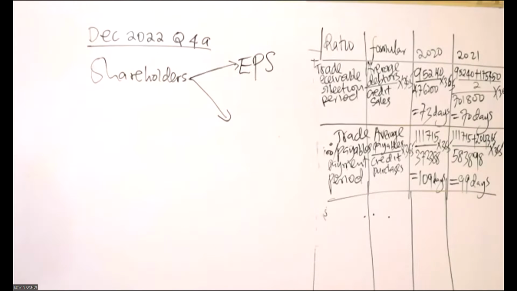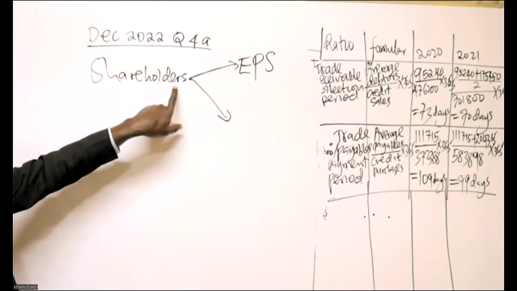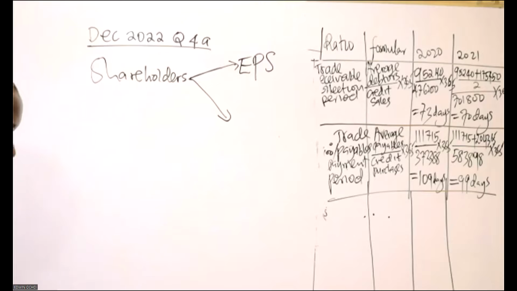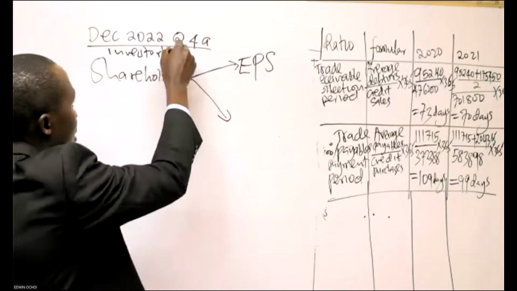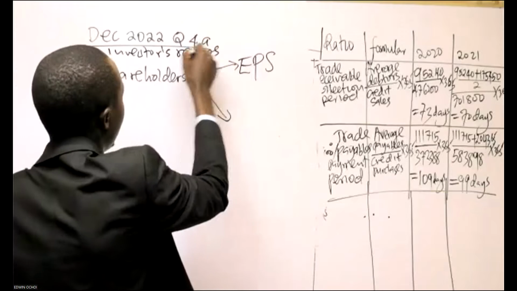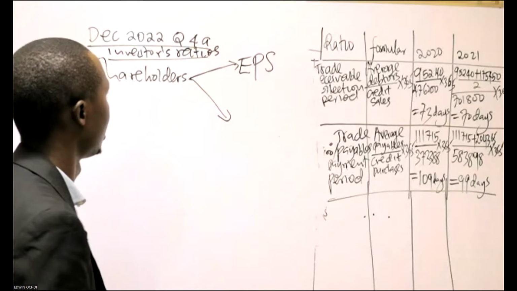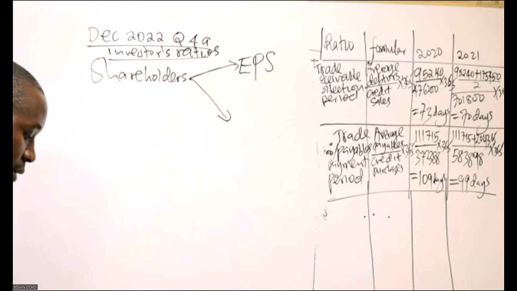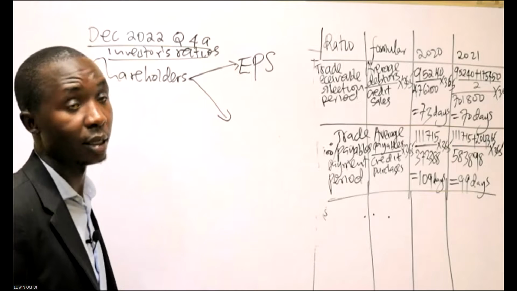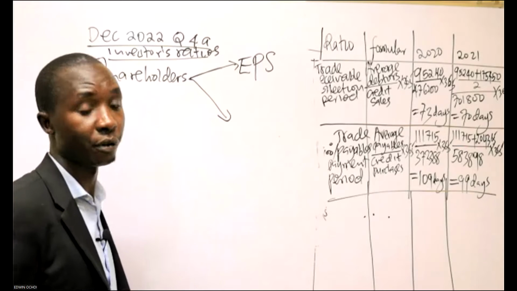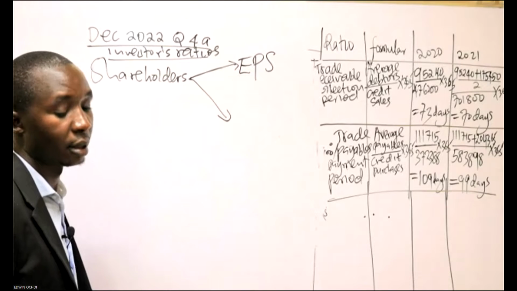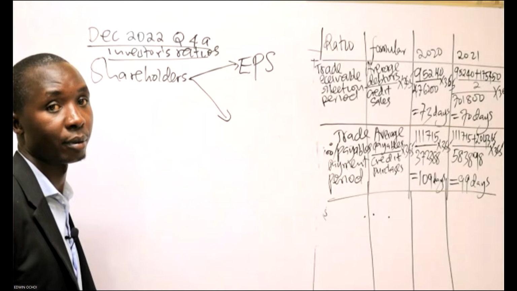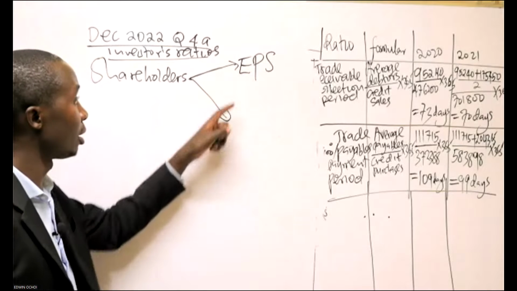Because now here, when you are talking about the shareholders ratios, focus on the investors ratios. For the investors ratios, they measure the return the company will give to the owners in terms of cash returns generated by the firm. So do the earnings per share.